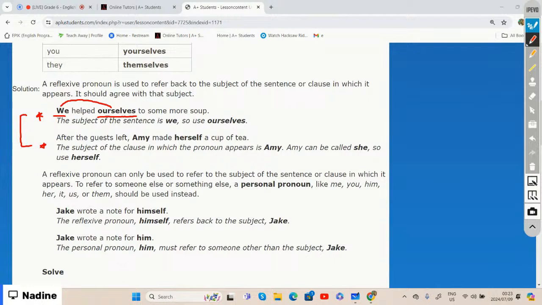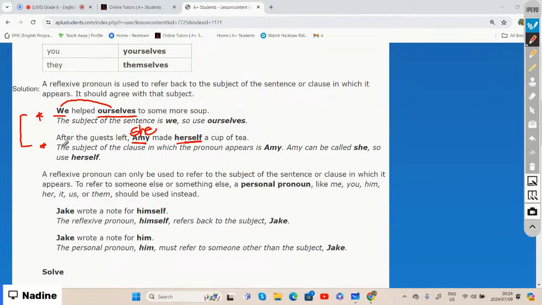If we look at another example, it says, after the guests left, Amy, which is the subject, made herself, which is the reflexive pronoun, a cup of tea, right? If we were to substitute the pronoun for Amy, remember a pronoun takes the place of a noun. The noun is Amy, which means that the pronoun will be she. Amy is a girl, so it's she.